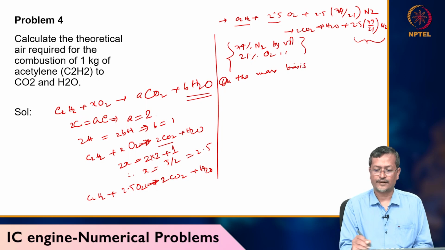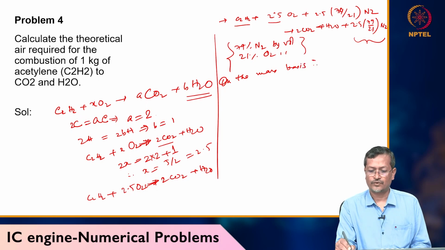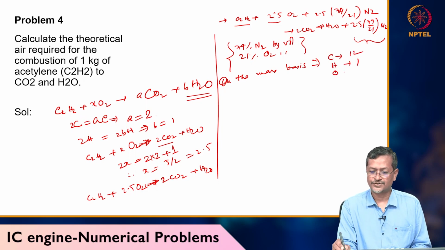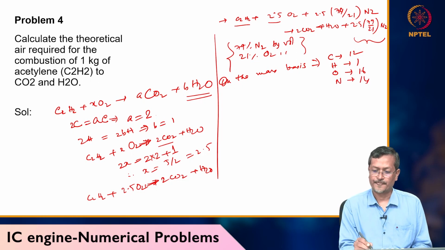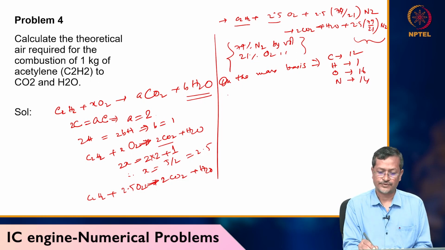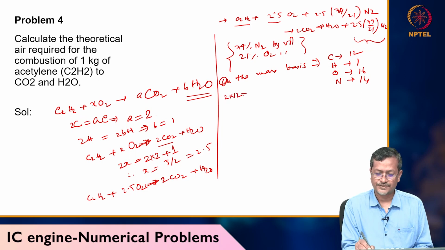Okay, so when you are calculating mass, you have to know the molar masses: C is 12, H is 1, oxygen 16, and nitrogen is 14. Now you put the values in. C2 means 2 into 12 plus H2, the first one is acetylene, H2 means 2 into 1.